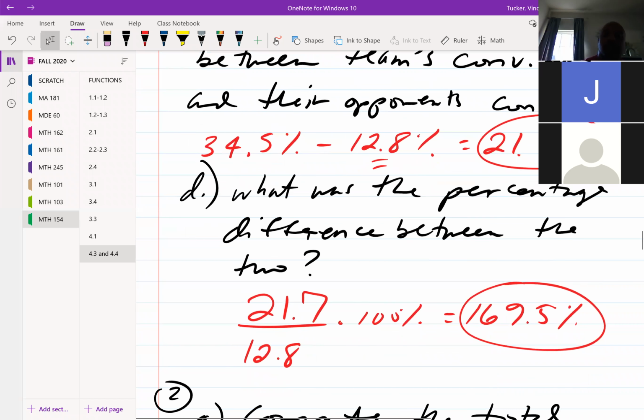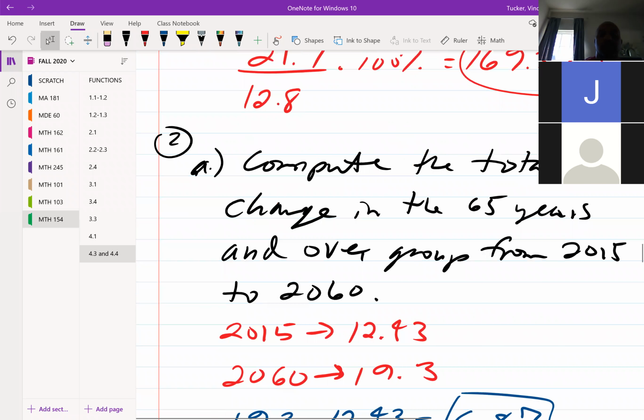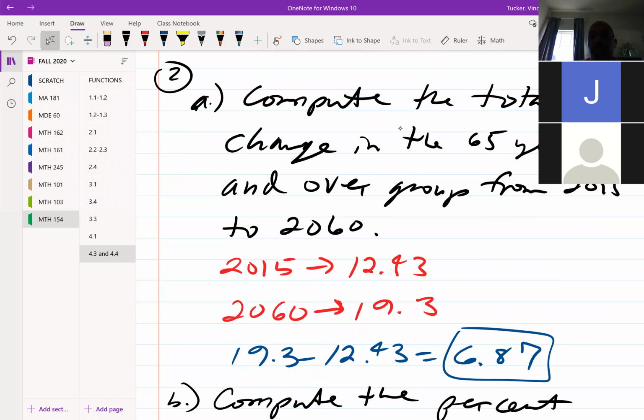All right. Let's look at number 2. Compute the total change in the 65 years and over group from 2015 to 2060. So, of course, there was a chart. These values didn't come out of nowhere.